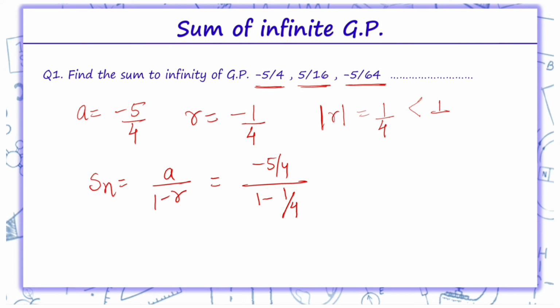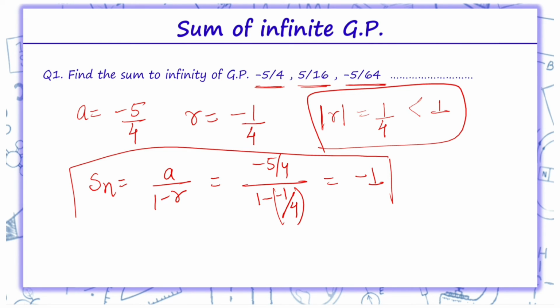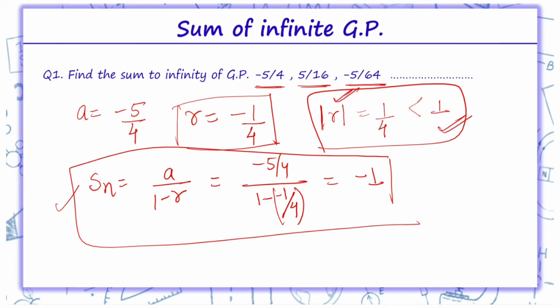The formula is based on mod of R being less than 1, but in the formula we put the value of R with the negative sign. We won't ignore the negative sign because the formula does not have mod R. Usually when calculating the sum of an infinite GP, mod of R is checked, and because of that this formula is applied. So when we solve it, we get minus 1.